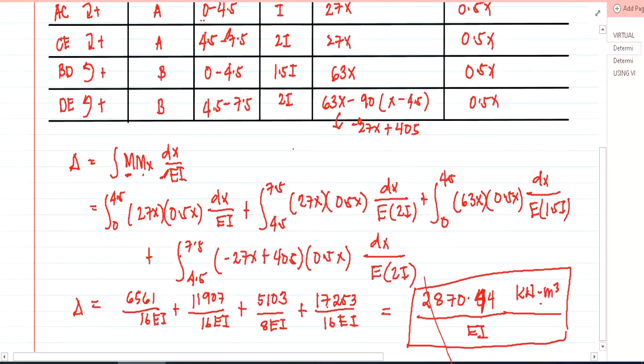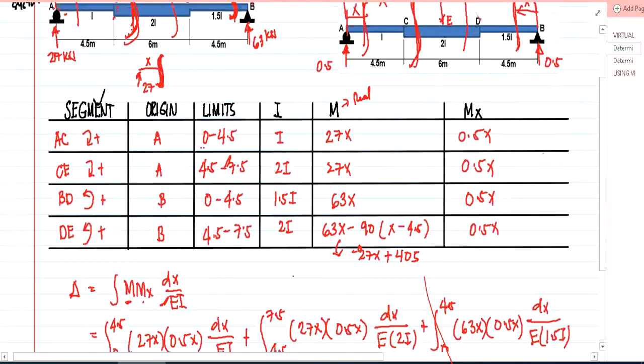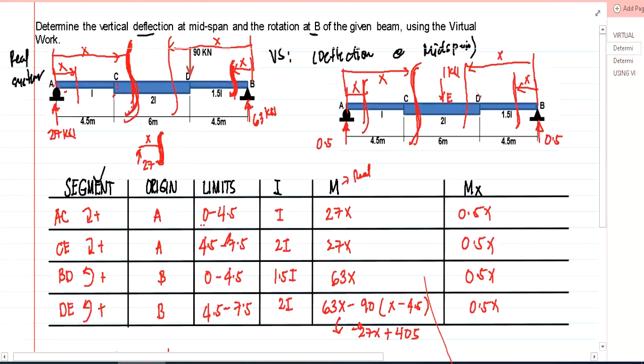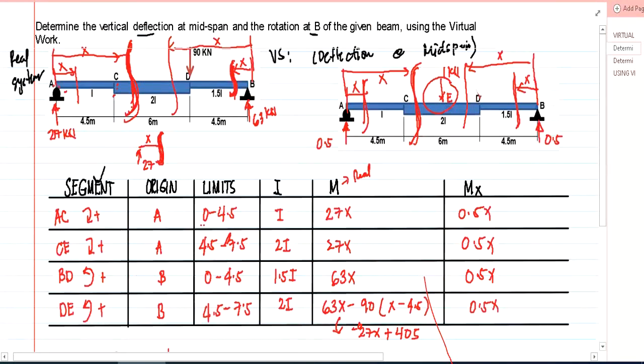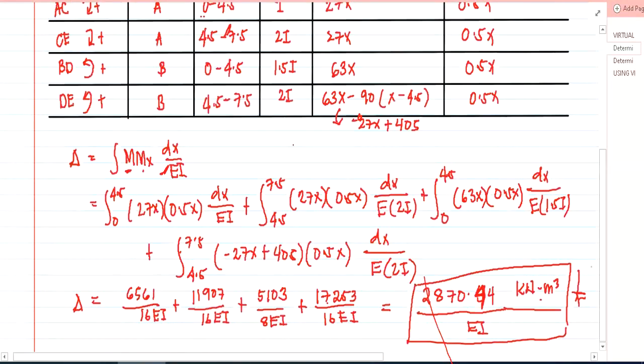So, our deflection at midspan is equal to 2870.44 over EI. Positive means our assumption is valid and the deflection is downward. In our virtual system, we assumed a downward direction, and a positive value came out, so our assumption is valid. If the result were negative, our assumption was wrong and the deflection should be upward. So that's for the deflection.